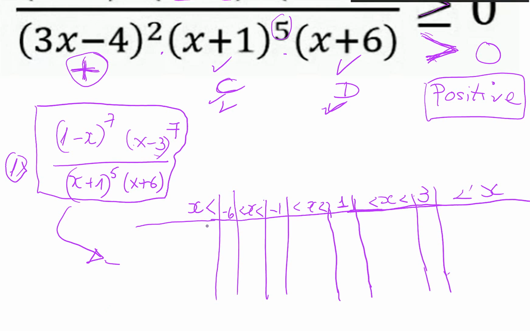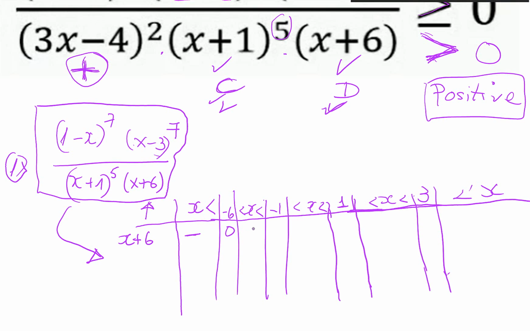What happens here with the expression x plus 6? To the left of minus 6, this expression is negative. Here is 0, but it's not the case we are studying.